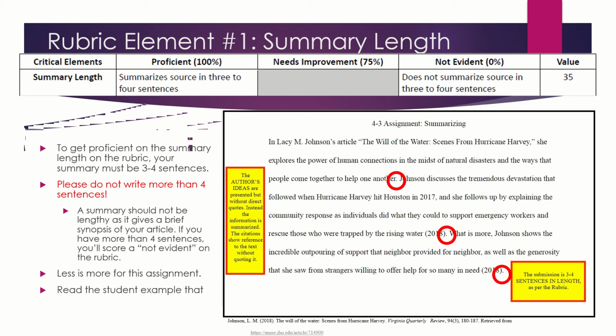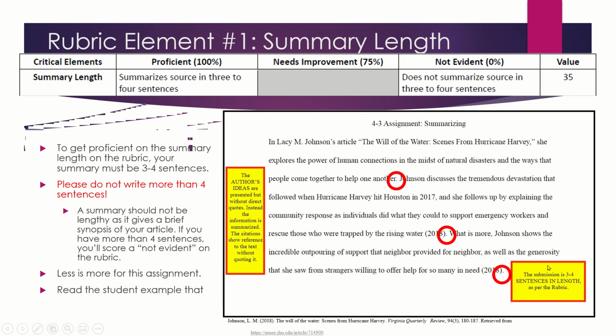And this is a good place to start practicing the summarizing of your article. So when you go through, just remember, less is more for this assignment. It doesn't mean that you're going to have sentences that are not well thought out, but it does mean that you're going to meet that requirement.